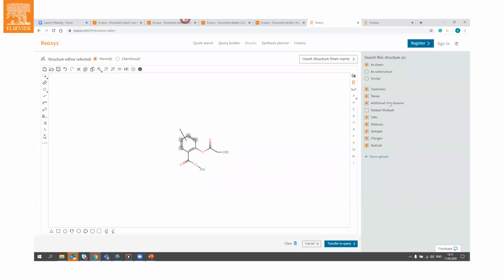So right now, we can search the structure as drawn, or we can search for any substructure, or, what is highly related to patents, we can click there and add all related Markush structures which are mentioned in the patents indexed by Reaxys.